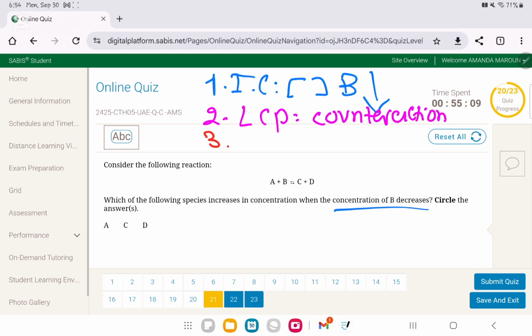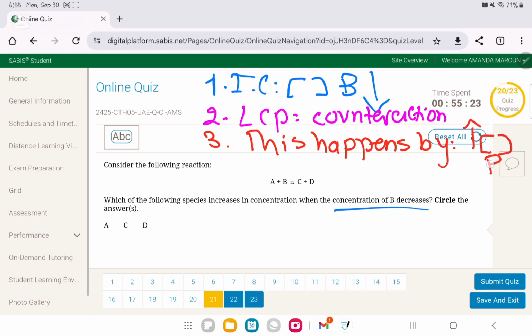The third step is that the counteraction will do the complete opposite of the imposed change, so it will increase the concentration of B. As a result, for the concentration of B to increase, this is step 4, the concentrations of C and D will decrease, whereas the concentration of A will increase.